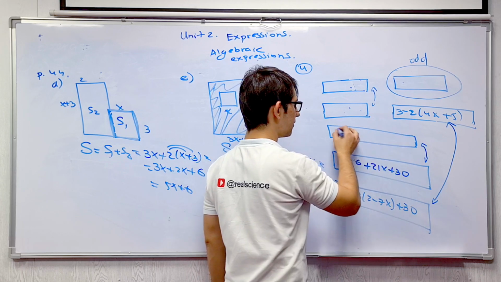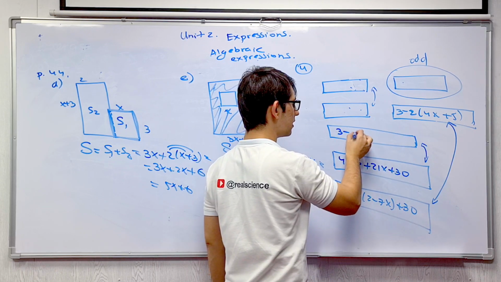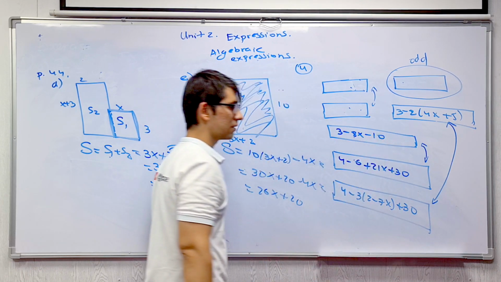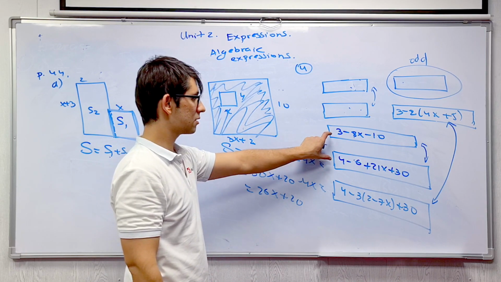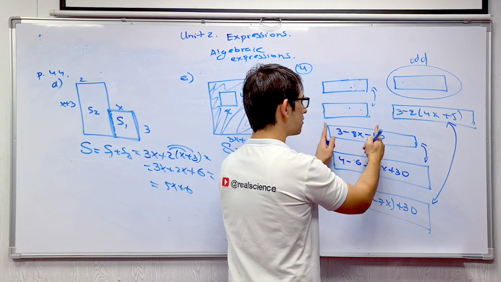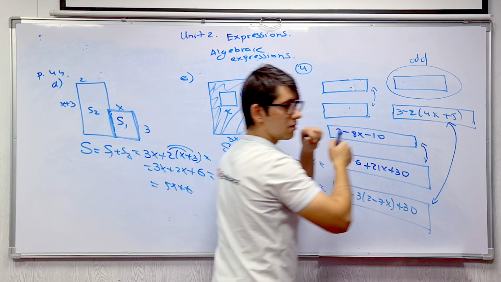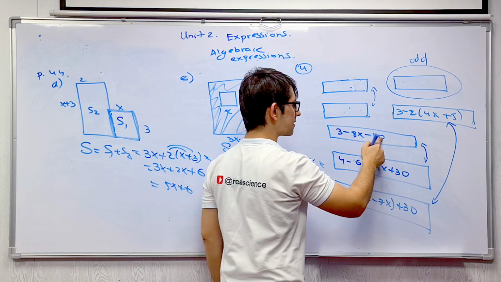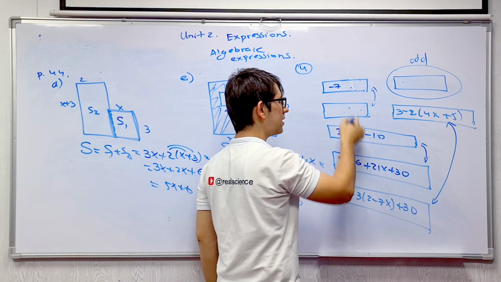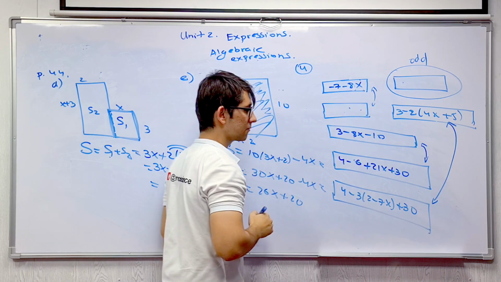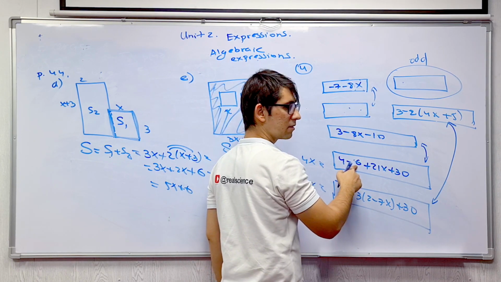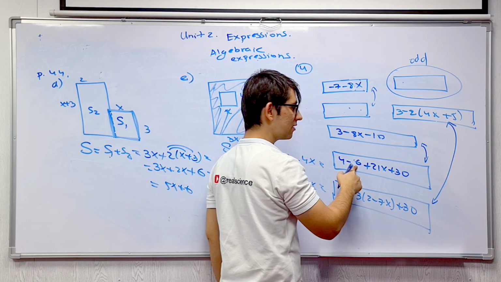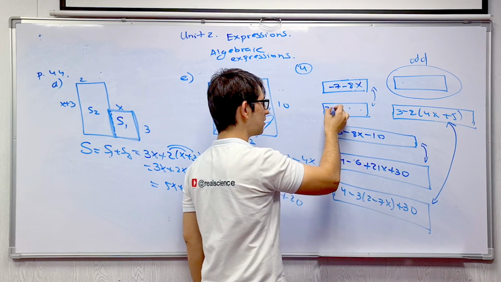And you have to simplify it again. 3 minus 8x minus 10. If you understood these 2 pairs, and if you simplify further, you will get shorter expressions. You see? Shorter ones. 3 minus 10 minus 7 minus 8x. Right? 4 minus 6 minus 2 minus 2 plus 30. 28.